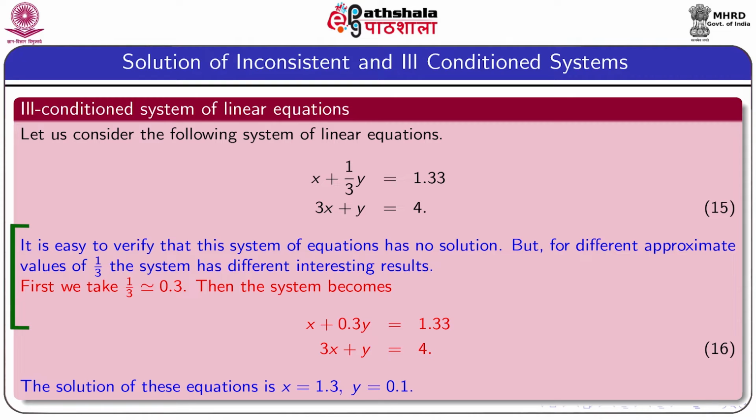First we consider 1/3 approximately equal to 0.3, then the system becomes x plus 0.3y equal to 1.33, and the second equation remains unchanged, 3x plus y equal to 4. The solution of this system of equations is x equal to 1.3, y equal to 0.1.